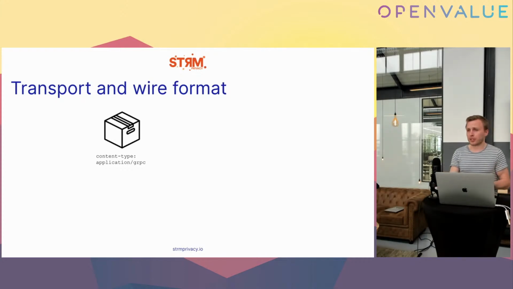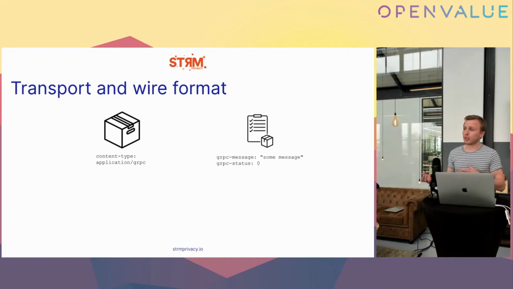That's the header that you will see if you inspect it. There are some other headers that are also included, of which these two are gRPC message and gRPC status. Status indicates whether the response was correct or something went wrong, and the message details what went wrong in case the status is non-zero.